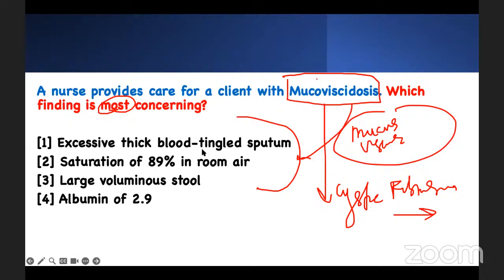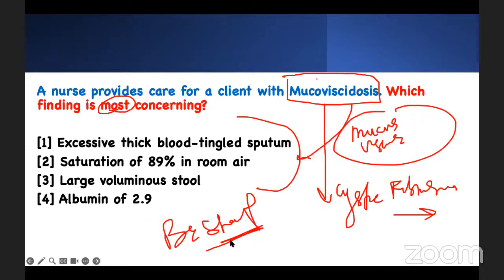Excessive thick sputum and blood, a saturation of 89 in room air, large voluminous stool, and an albumin of 2.9. This is what I call B sharp all over. You have to be sharp and think, and don't let the board trick you.